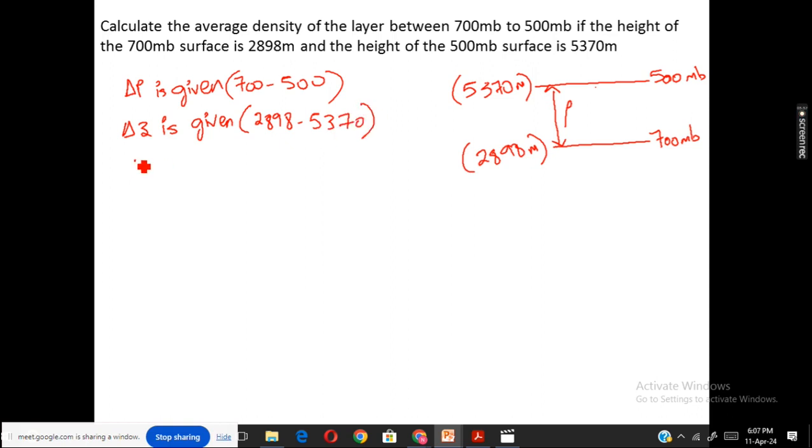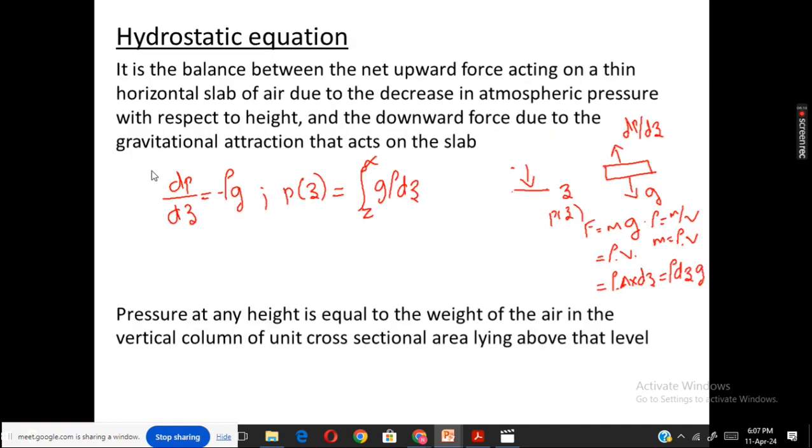Then we want to calculate the density. So what is the relationship that gives you a relation between these three parameters, delta P or dP, then delta Z or dZ, and the density of the layer?